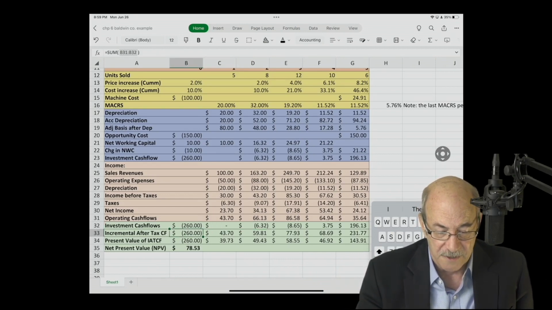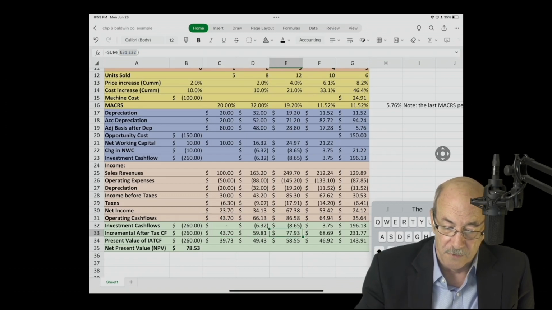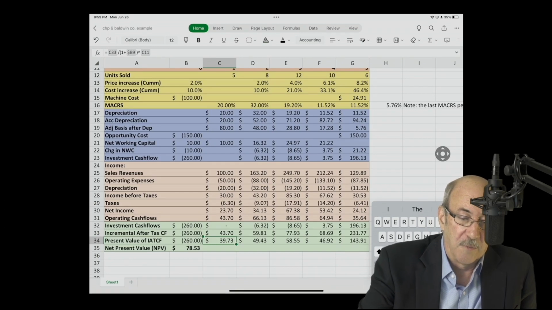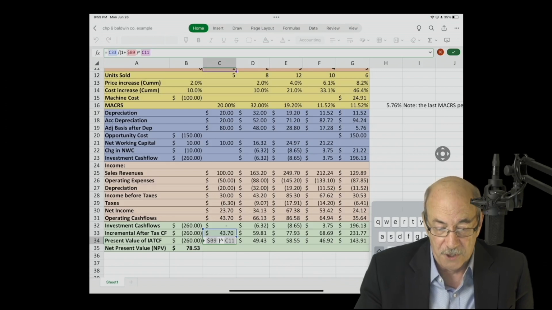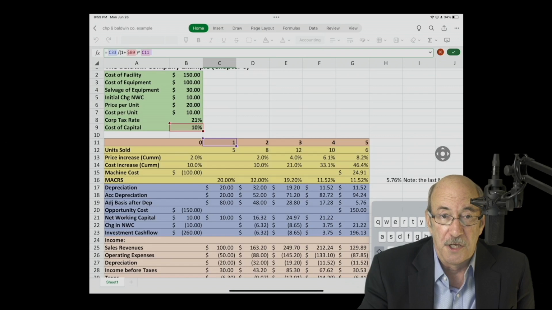Incremental after-tax cash flows. So there what I'm doing is I'm summing together rows 31 and 32. Notice that. And I continue doing that with the rest of these. And then I'm going to do a present value down here. And again, it's a formula. And that formula happens to reference not only the incremental after-tax cash flow, but it also goes up here and says, oh, well, that occurred at the end of year 1.